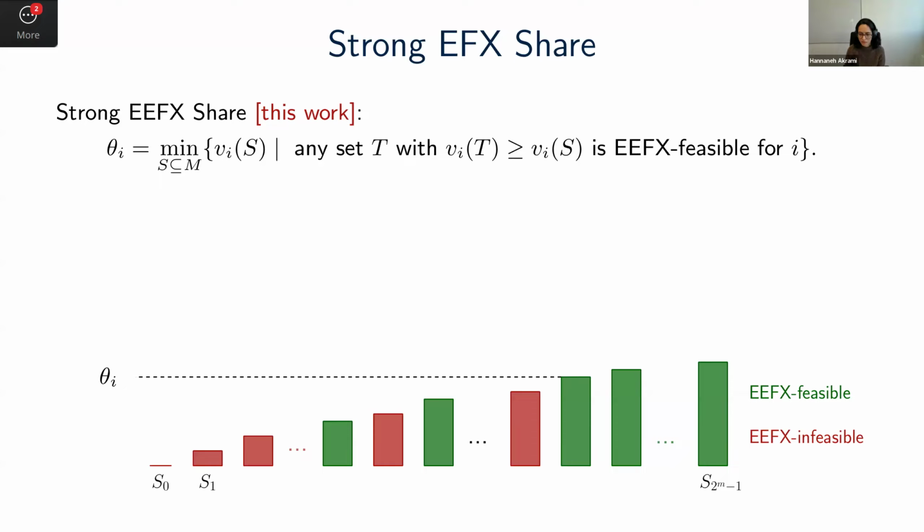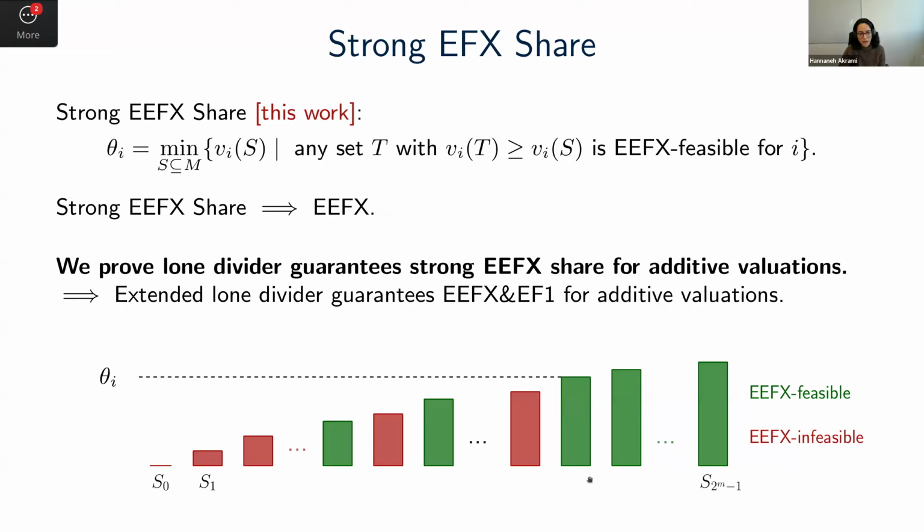And it is well defined because the set of all the items itself is epistemic EFX feasible, so we have a green bundle on the right. So I hope the definition is clear. But even if it's not, the point is that it is a share-based notion that implies epistemic EFX, and that's all we care about.